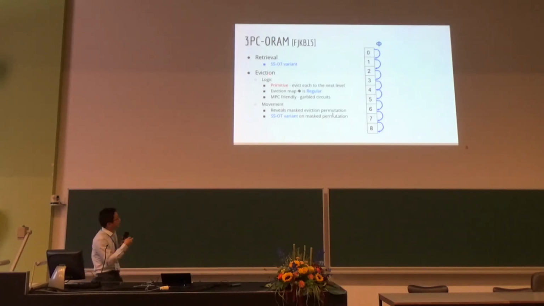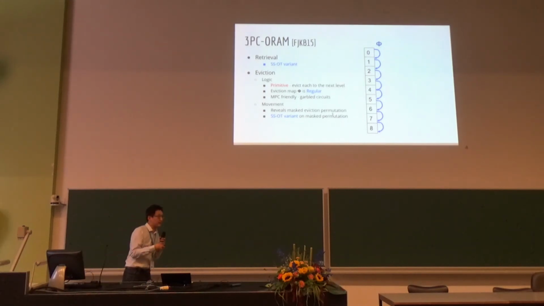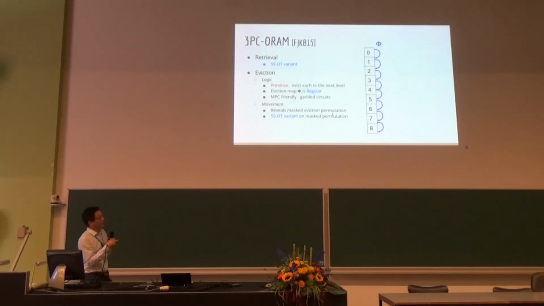And then for eviction movements, they're not doing garbled circuit anymore, and the reason is really because they have a regular mapping. So we have talked about that the mapping on the tree level is public information. But what's secret is which data block within each bucket is to be evicted.